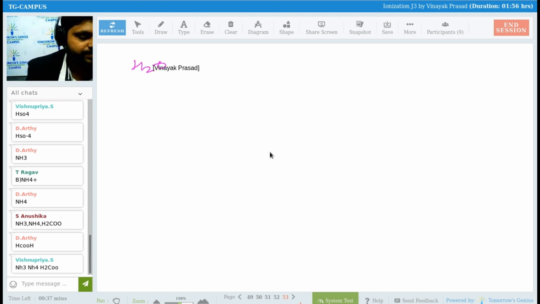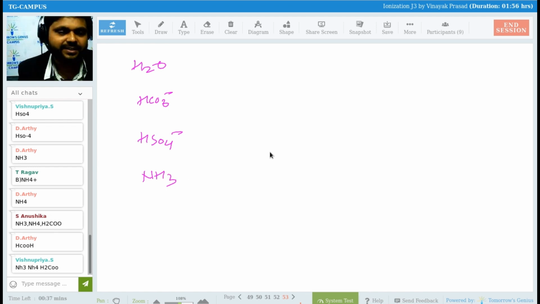What are the species? H2O, HCO3 minus, right? HSO4 minus, right? And NH3. These are the four species. You have to write their conjugate acids and their conjugate base.